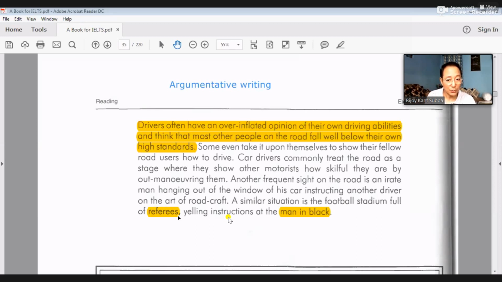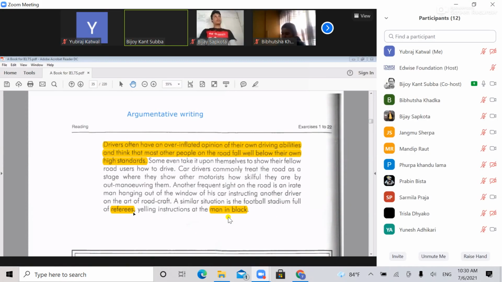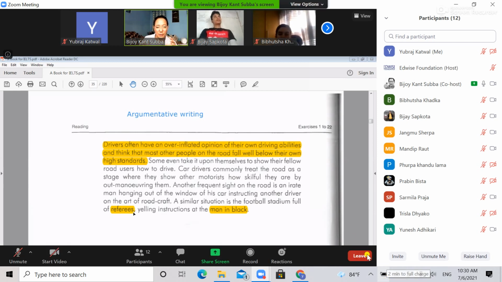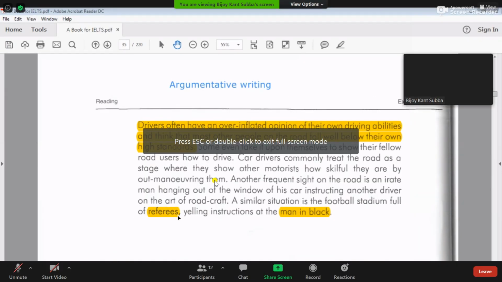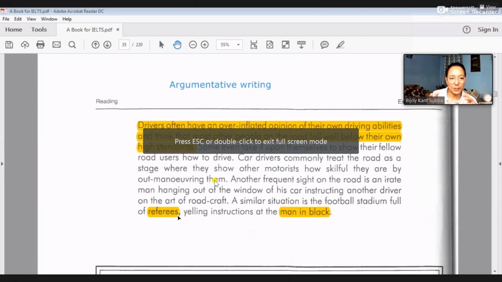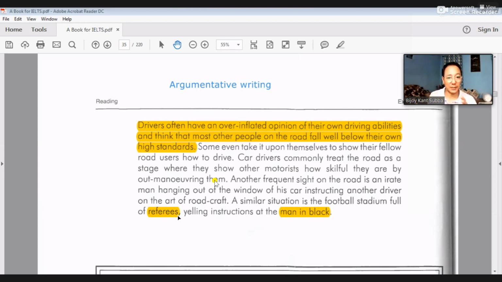Don't use the word audience. Audience means a group of people listening to a lecture, right? Or maybe a talk show, or maybe a concert or something. Spectators, when I say, are a group of people watching a spectacle, some physical activity, like a circus, like a football match, a cricket match. These are spectators.